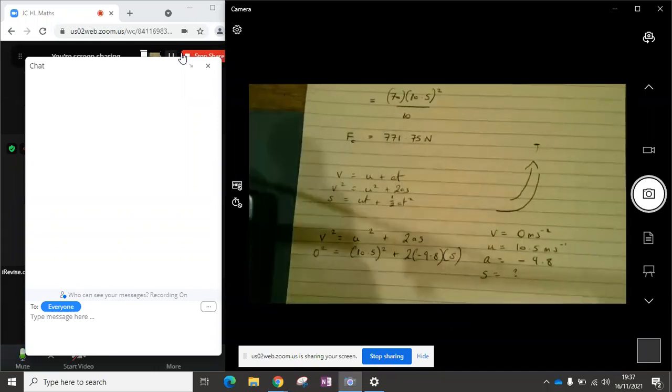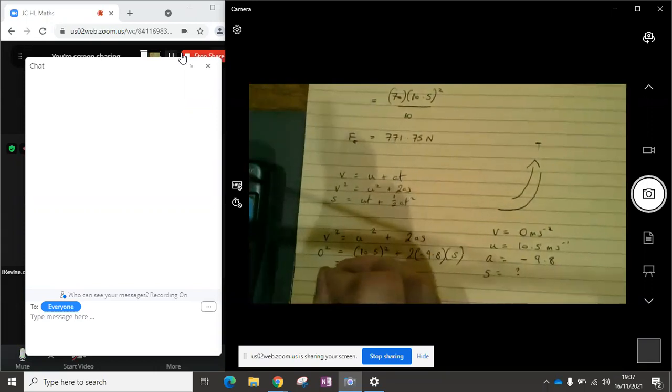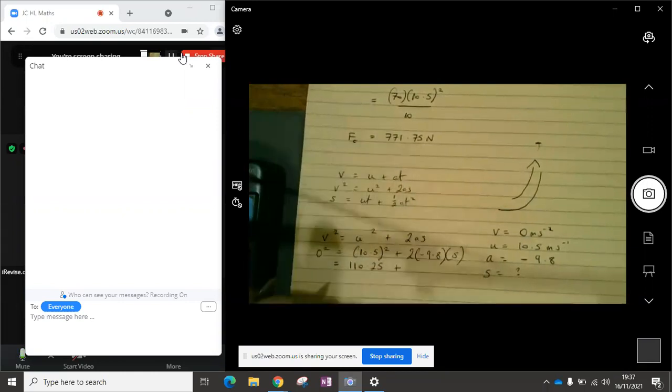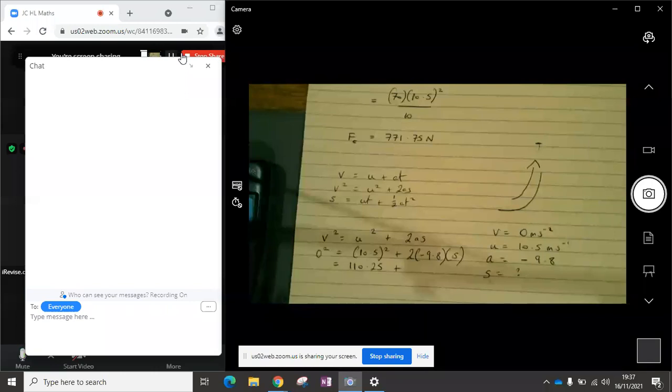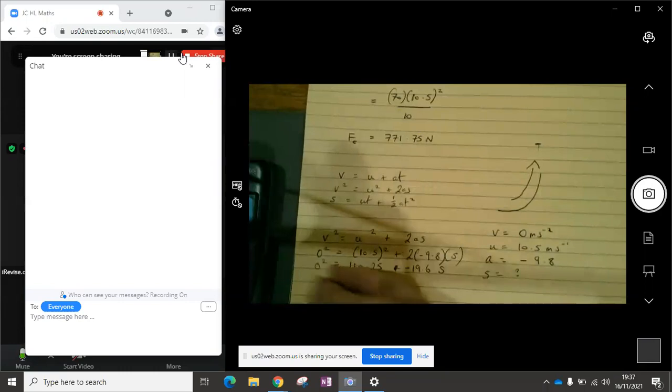So 2 by 9.8, and 10.5 squared is 110.25, plus minus 19.6 times s equals 0 squared.